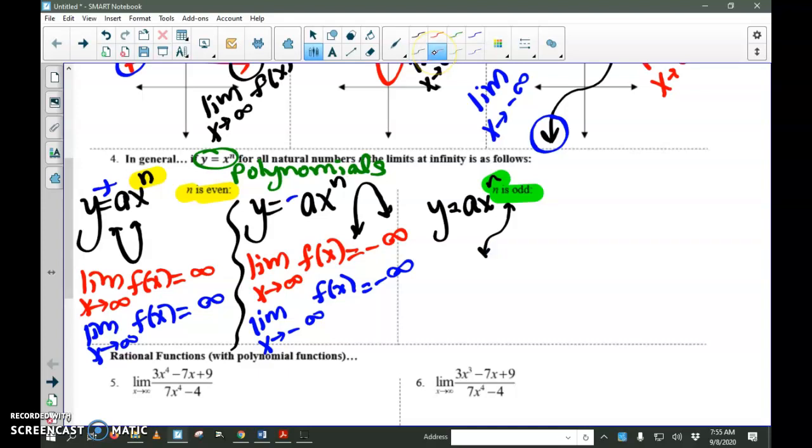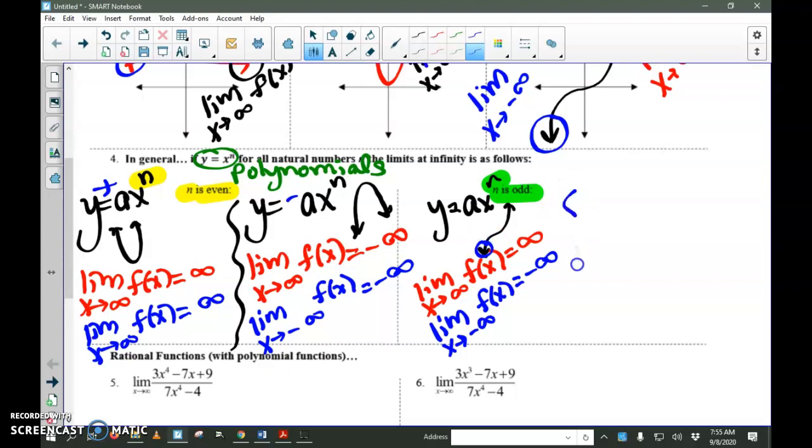And as we said up above, the limit as x approaches positive infinity for this function is equal to infinity. That's the right-sided end behavior, okay. And then the limit as x approaches negative infinity for this function is equal to negative infinity, because this time my end behavior on the left side is moving downwards. Okay?